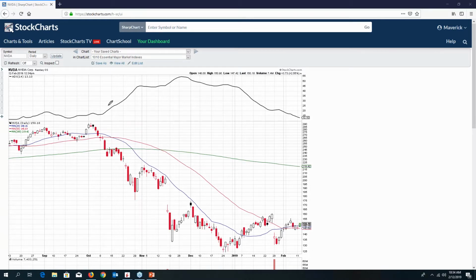When you get above this level, specifically they say 30, as defined by Wells Wilder, here you're definitely in a trending environment. So if you just look at it and you had bet on this being in a trending environment, right off the bat, it gave you a consolidation pattern. See how it's different than the sideways range.